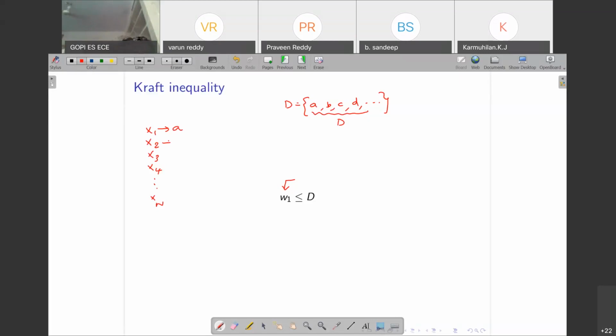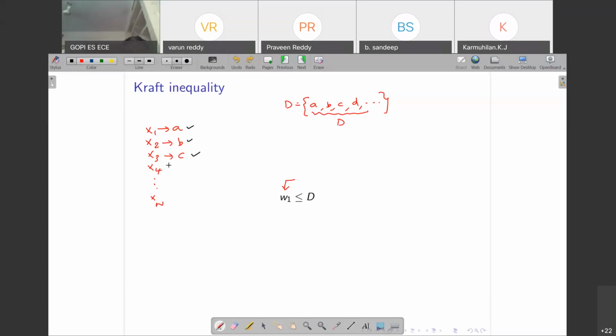That is not the case with all examples. Not all messages have a single length assigned. Suppose I am using A, B, C for X1, X2, X3, let's say with length 1. All these three are things with length 1. So that means your W1 is 3 here.